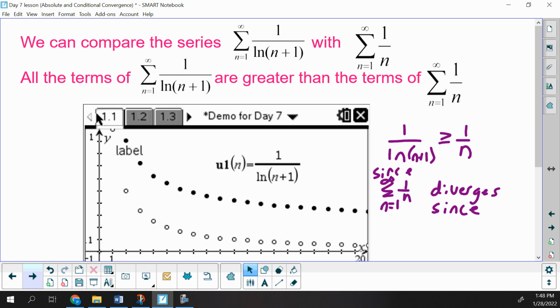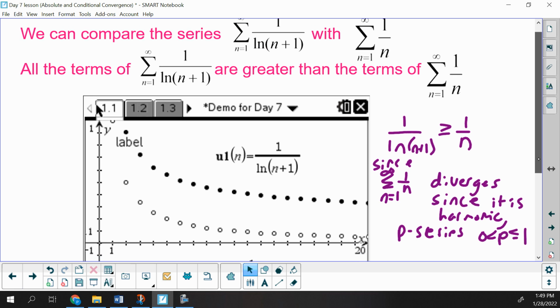We could either say since it is harmonic, or you could say that it's a p-series where p is greater than 0 and less than or equal to 1. Now, you don't have to say both those things. You just have to say diverges since it's harmonic, or diverges p-series where p is greater than 0, less than or equal to 1, but you wouldn't have to write both on your paper.